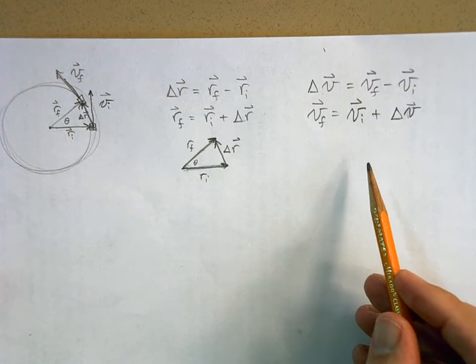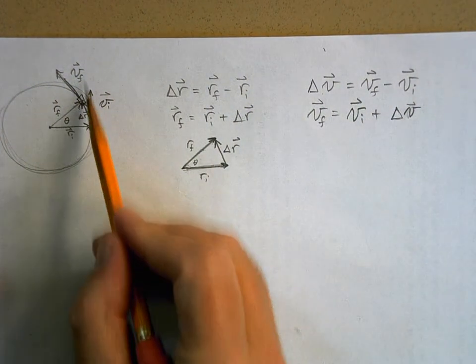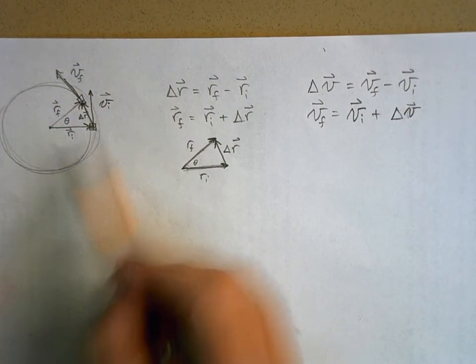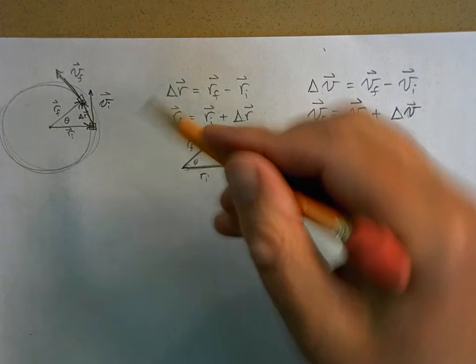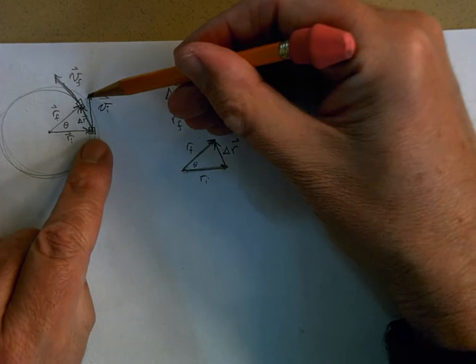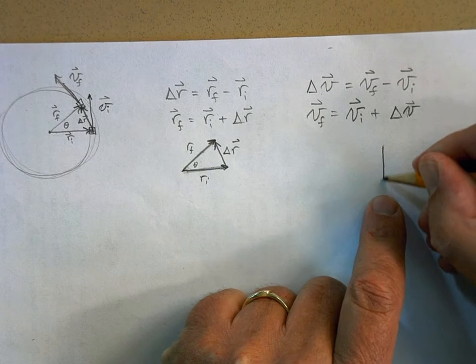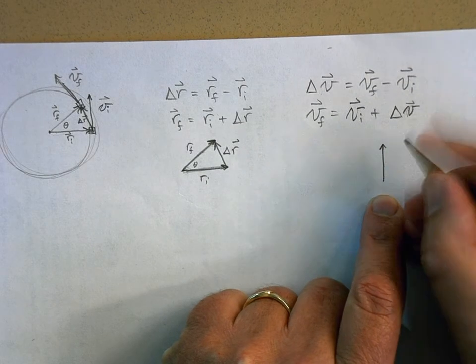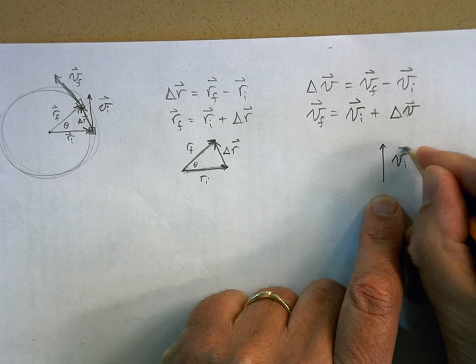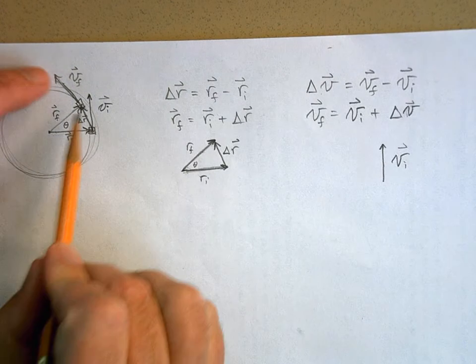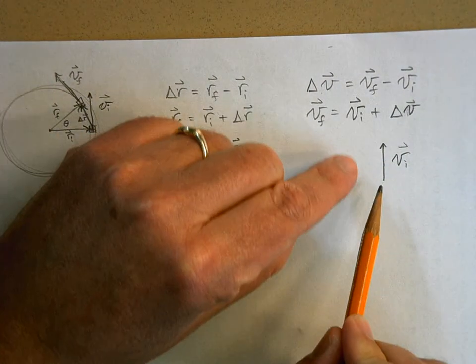Now, I can't draw a delta V very easily up here in this picture, but I'm just going to draw it over here. So I'm going to take V initial, and I'm going to take V final, and I'm going to put it right there.